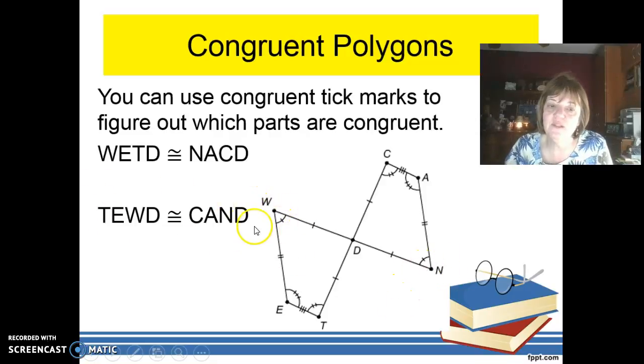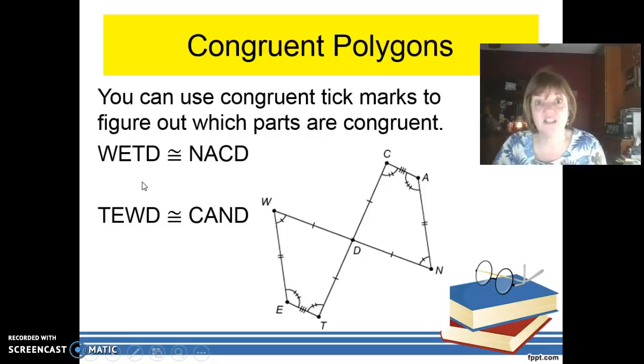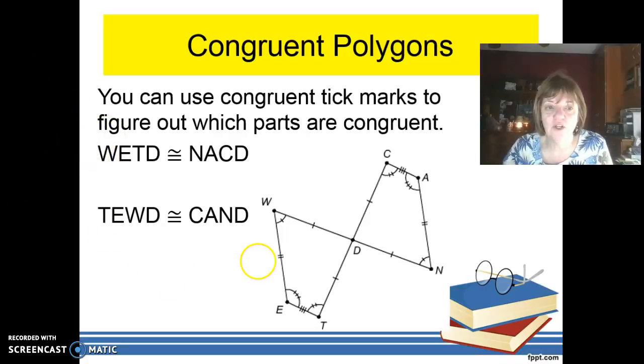So you keep them in the same order. So you could have 4 different ways of doing this. Well, actually, more than that. Maybe 16? I'd have to figure it out. That's a different unit. So there are lots of ways you can answer that question if I said to match up the corresponding parts in our congruency statement here. But that would be correct.